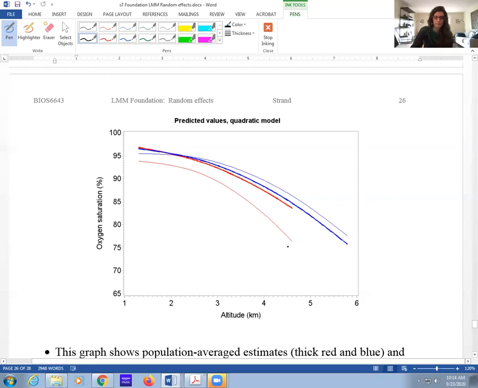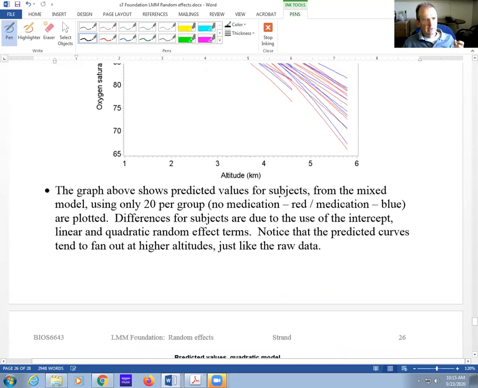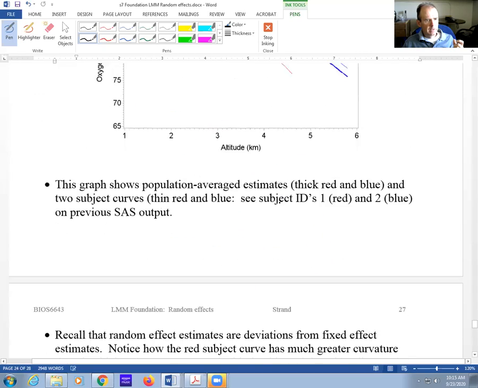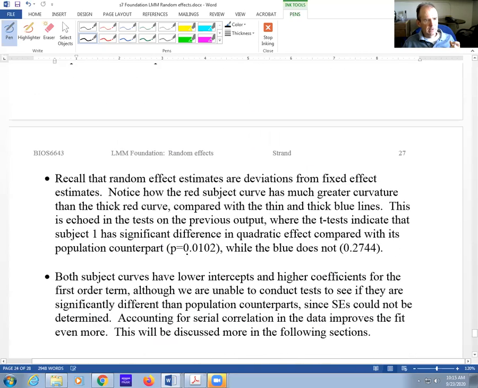Yeah, it does. What about this blue one? Not as much, right? At least compared to the red one. This red curve, this subject's curve, seems more pronounced compared to the thick red line than the subject here in blue compared to the population counterpart. And so the tests, if you go back and look at the tests, where did I put that? Oh, here it is.